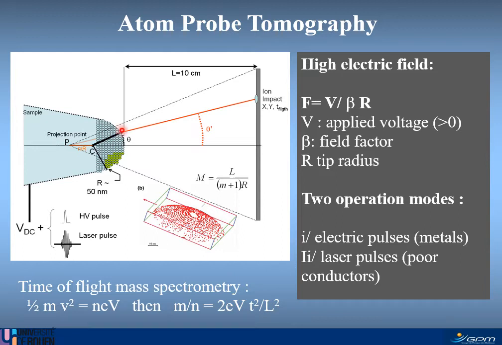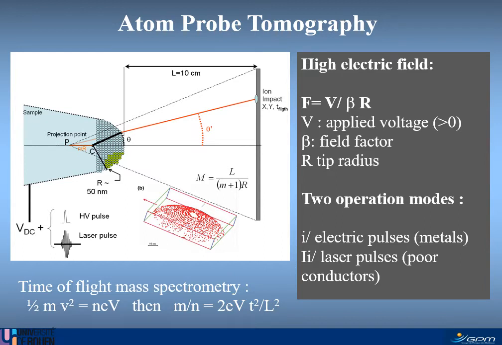So again, this surface atom will be repelled by the tip, and then you will have an ion impact on the detector. So clearly you can have two modes: high voltage pulses for metals and laser pulses for insulators or semiconductors.